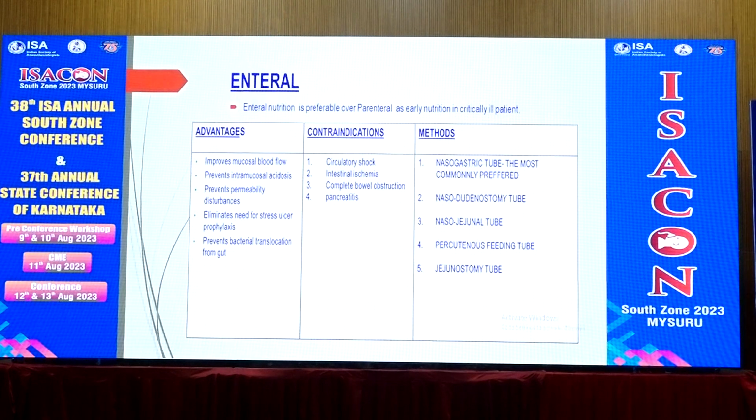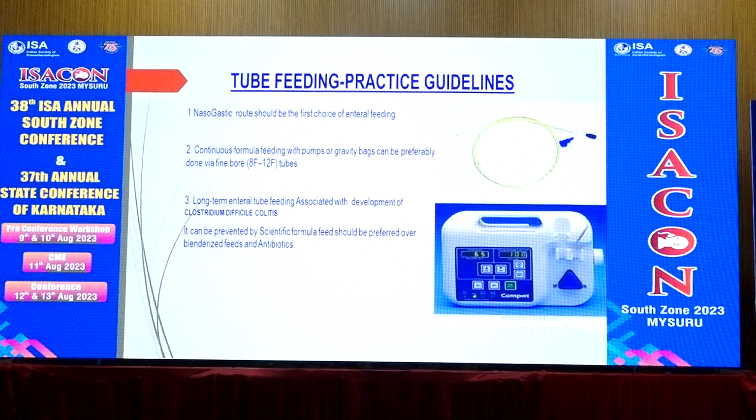Methods: the nasogastric tube is the most commonly preferred, and nasojejunostomy, nasoduodenostomy, percutaneous feeding tube and jejunostomy tube can also be considered. Tube feeding practice guidelines: nasogastric tube feed is the routine method and first choice for the enteral route, and continuous formula feeding with pumps and gravity bags can be preferred.